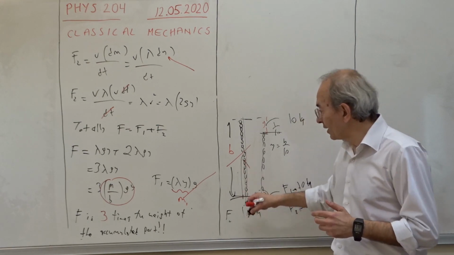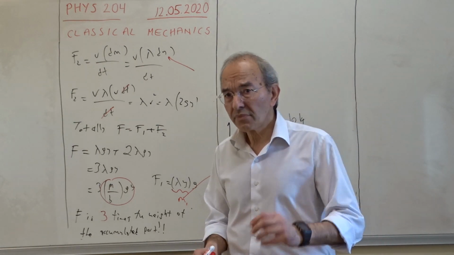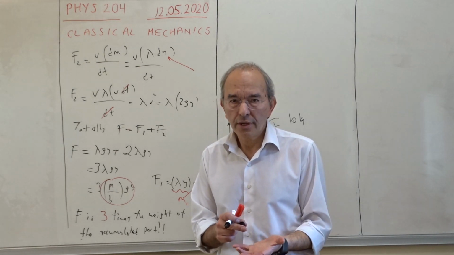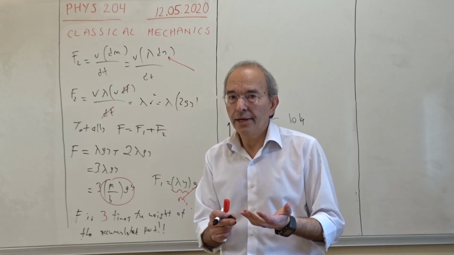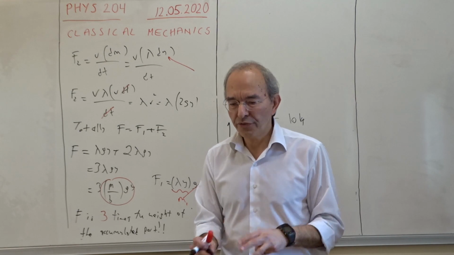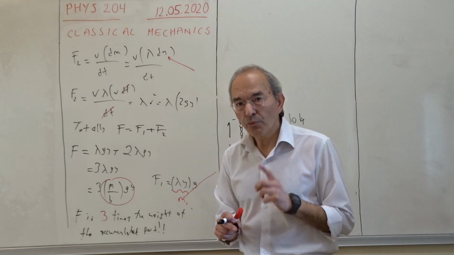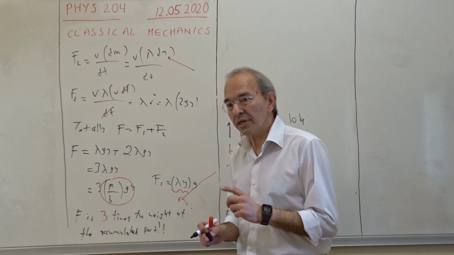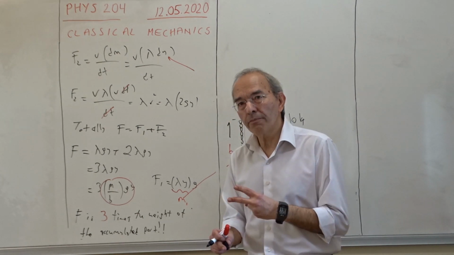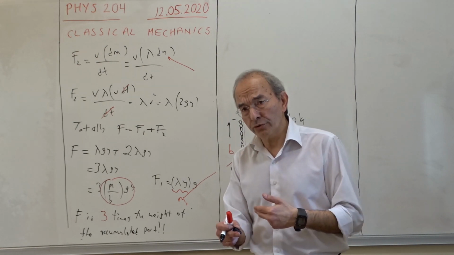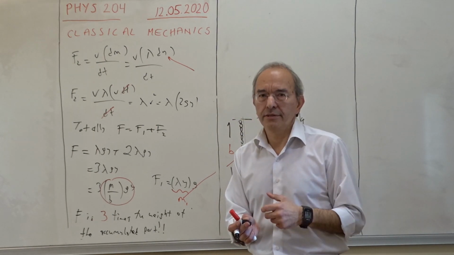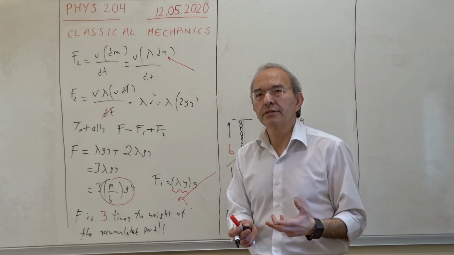However, until the last one is hitting the ground, the total force acting between the chain and surface is almost 3 times the weight of the accumulated part. 1 comes from the weight of the real accumulated part, and 2 comes from the impulsive force necessary to stop the falling new pieces of the buckles.